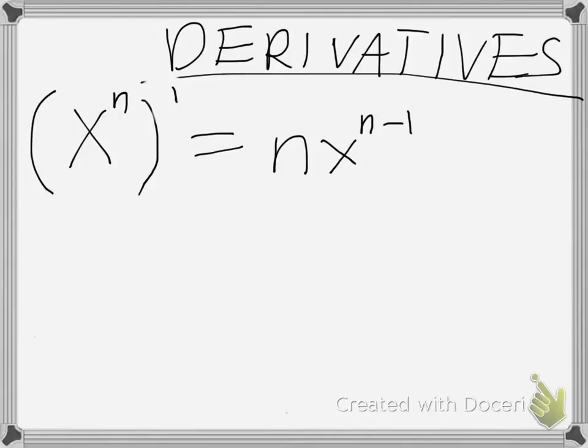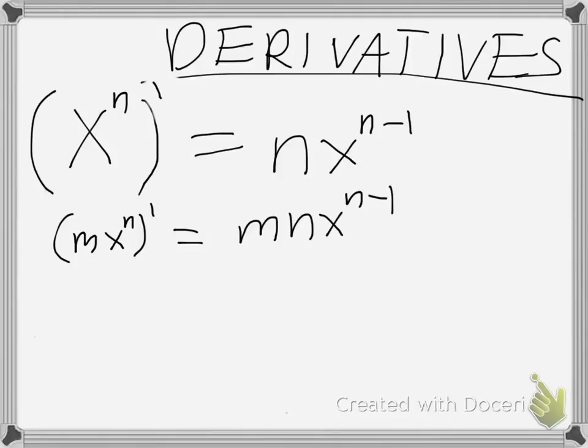If we have x to some power, the derivative is n times x to the n minus 1. Now let's do mx to the n prime. It's a multiple of x to the n. That equals mn x to the n minus 1, so m times n times x to the n minus 1 power. Those are the two power rules for derivatives.